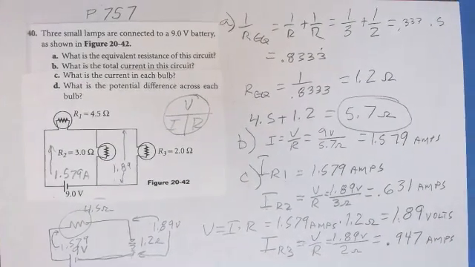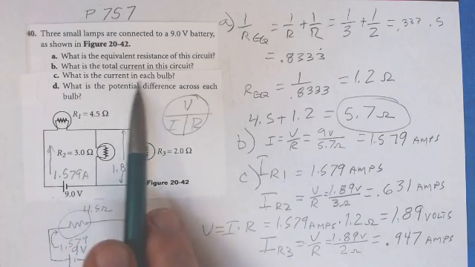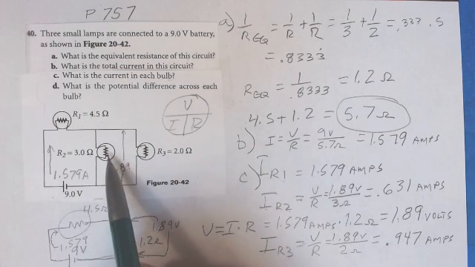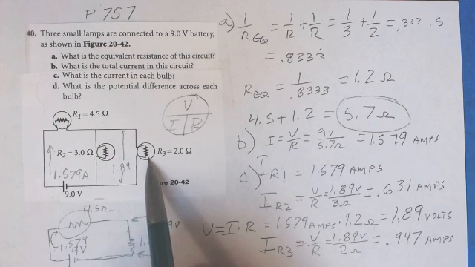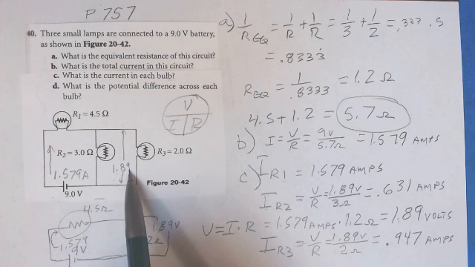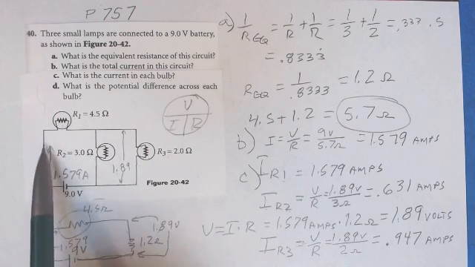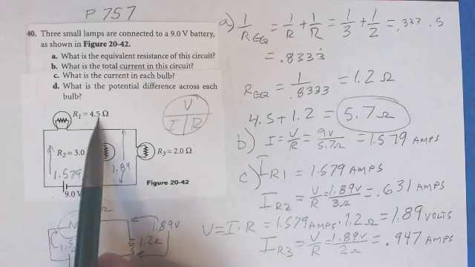And so they ask, what is the potential difference across each bulb? Well, we know for this one and this one, it's 1.89. We haven't figured out this one yet. But this one, we know the current through it, and we know its resistance.